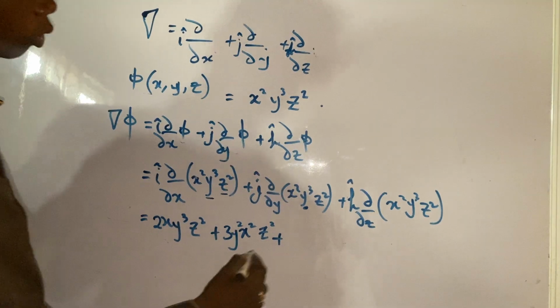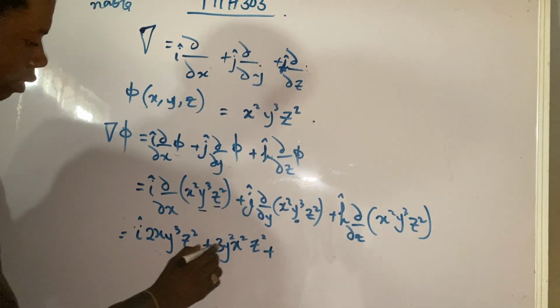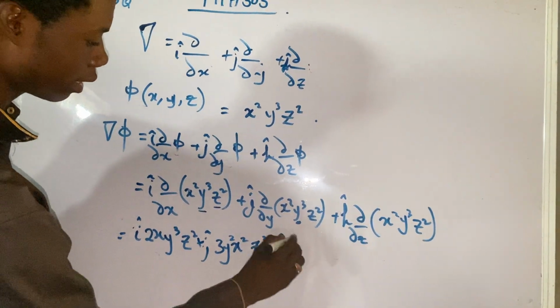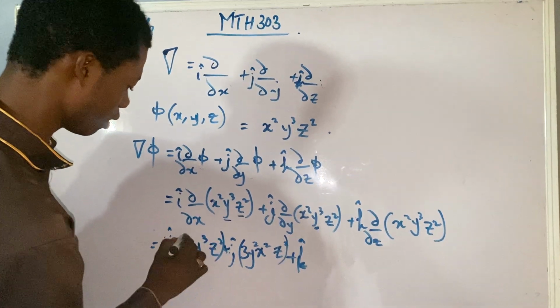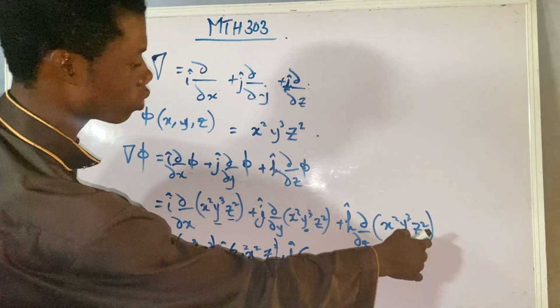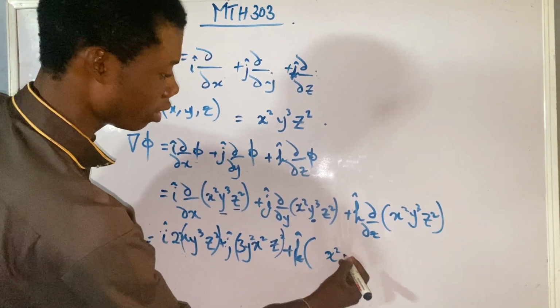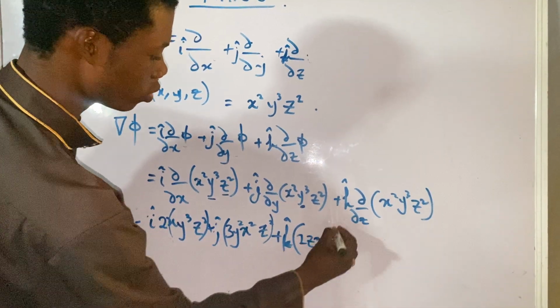Plus, we keep going, always remember your unit vectors. i is here, j is here, and k is here, multiplied by the derivative with respect to z here. We're going to treat x and y as constants: x squared y cubed. Differentiate z squared, that is 2z.